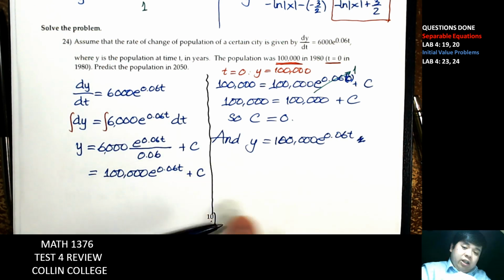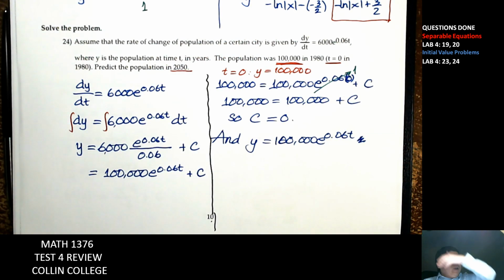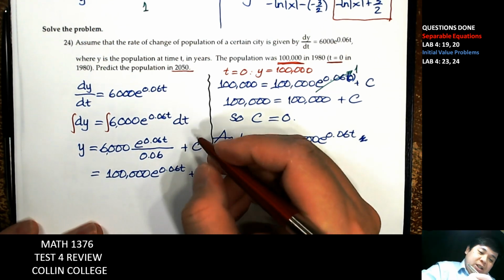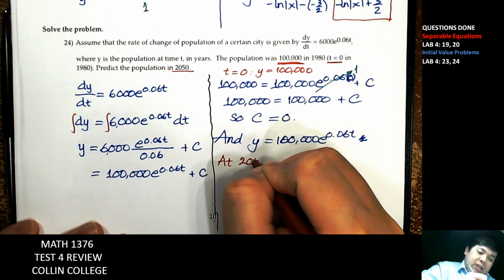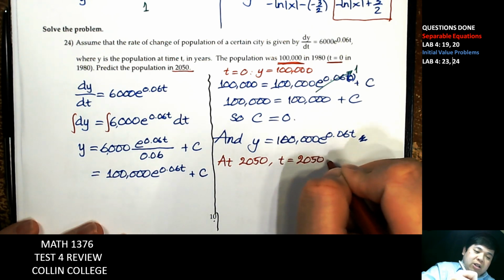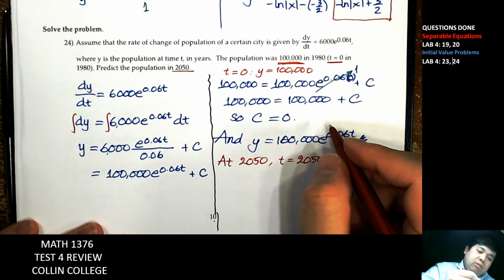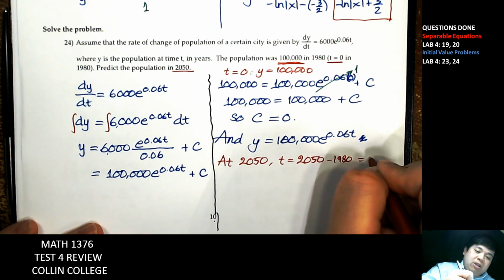And finally, what is the population in 2050? Since we let 1980 be t equal to 0, in 2050 the time will be 70 years after 1980. So we take 2050 minus 1980, we have 70 years.